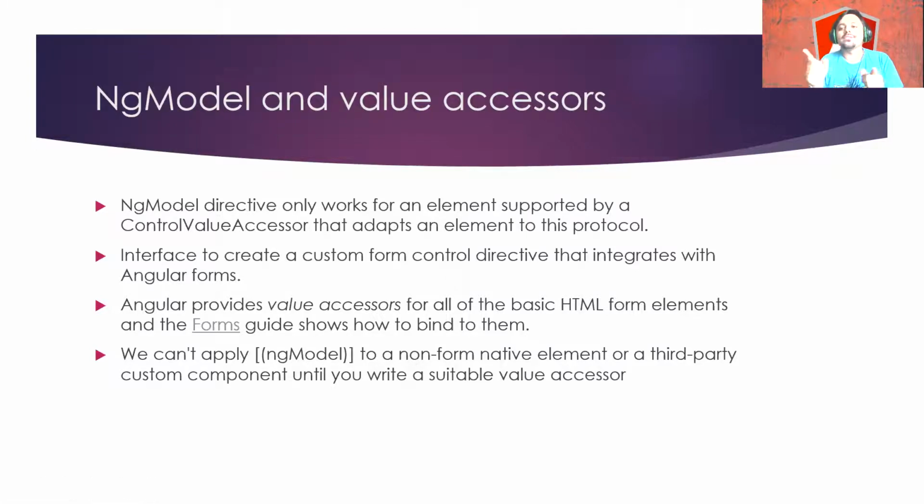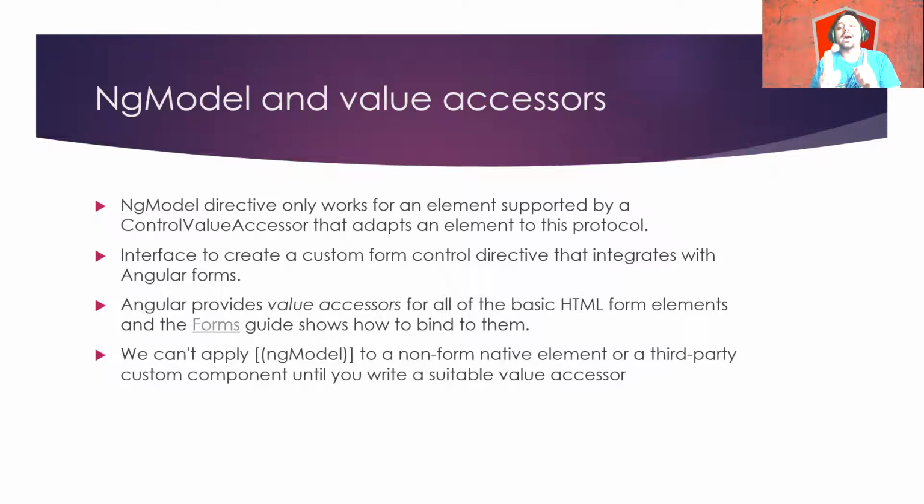Property means any property in your component can be bound to your HTML, while event binding means any event that is going to pass from your HTML page to your component can be bound.